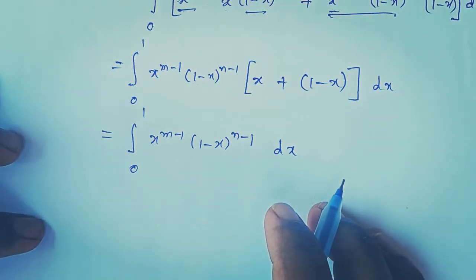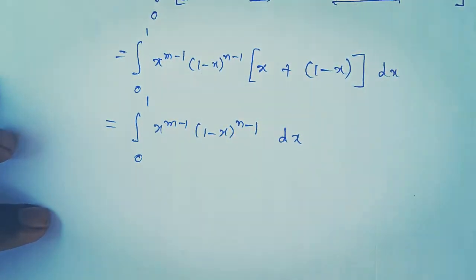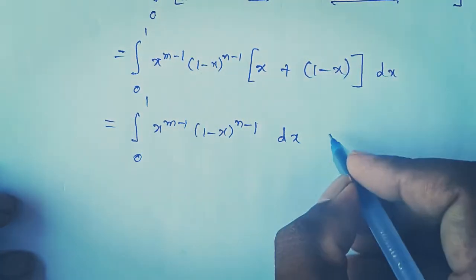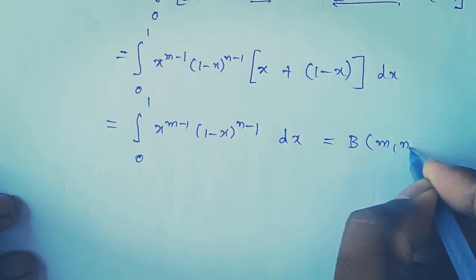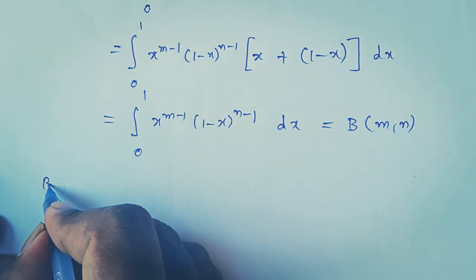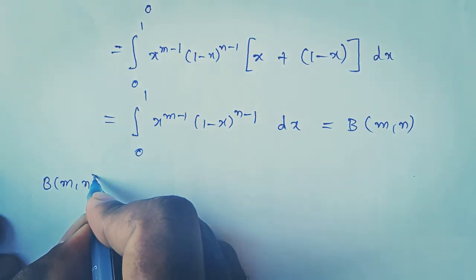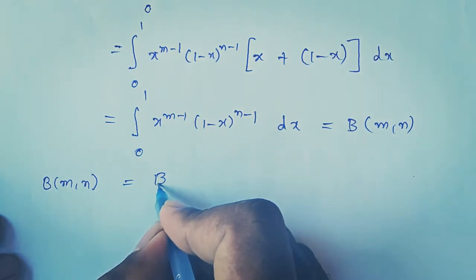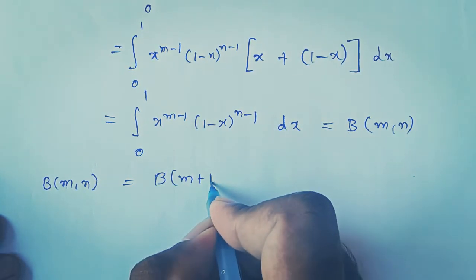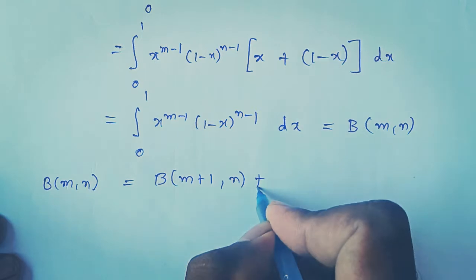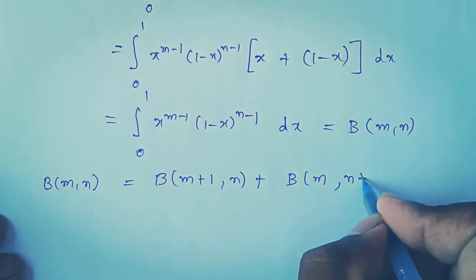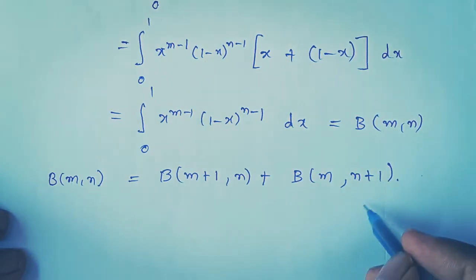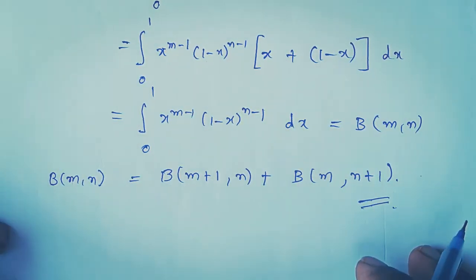Therefore this is clearly B(m,n). Therefore B(m,n) = B(m+1,n) + B(m,n+1). The third property is proved.